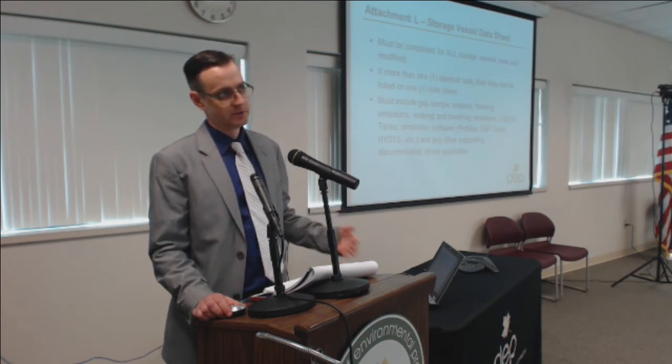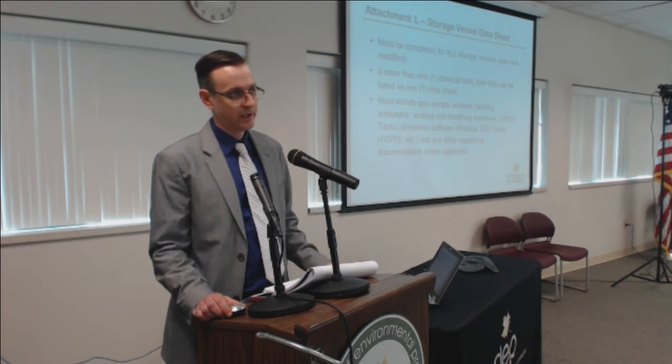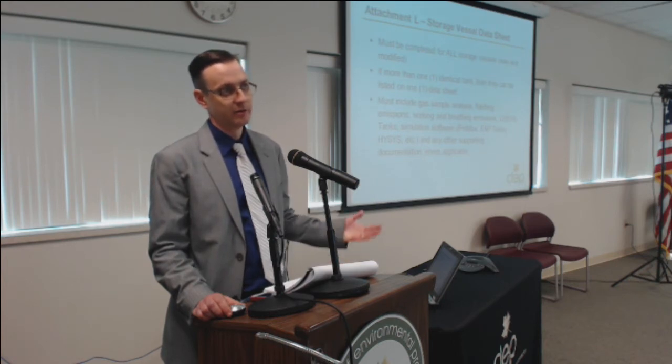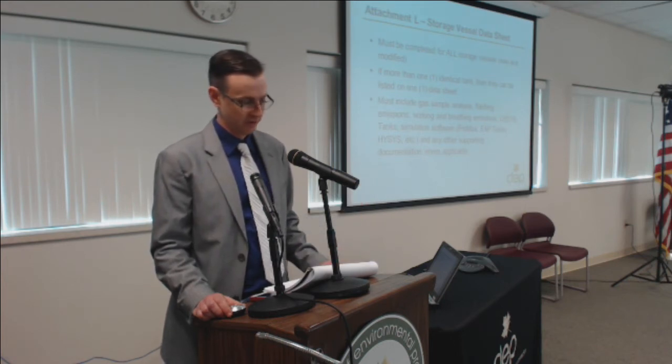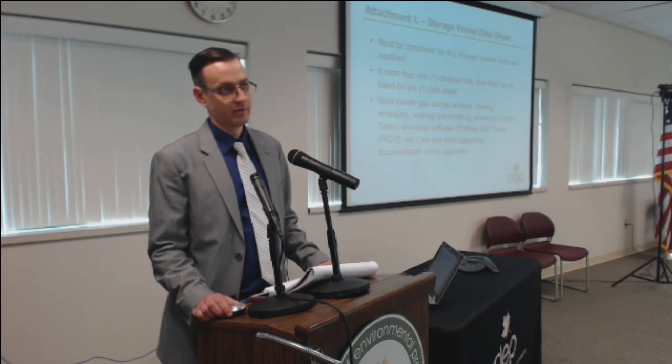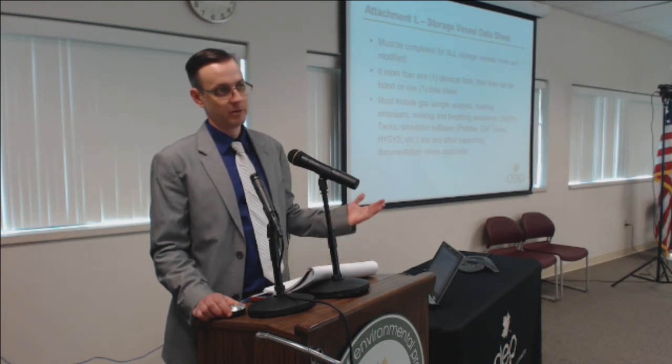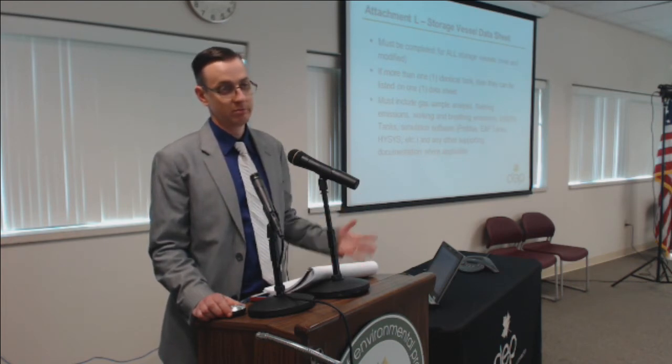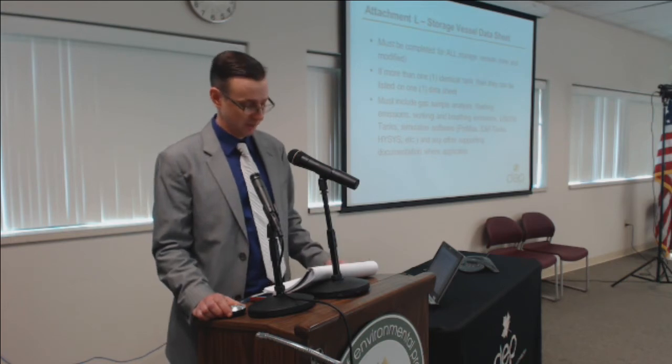Just fill it out once and say TK1 through TK5, or whatever nomenclature you're going to use for your tanks. You guys don't want to fill it out 5 times any more than we want to have to go through it 5 times because it's the same data.